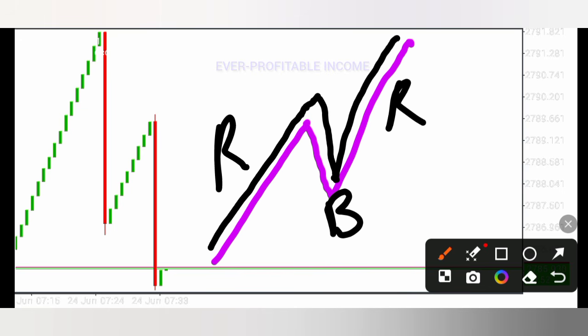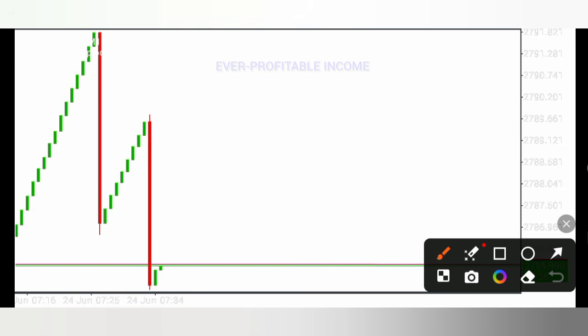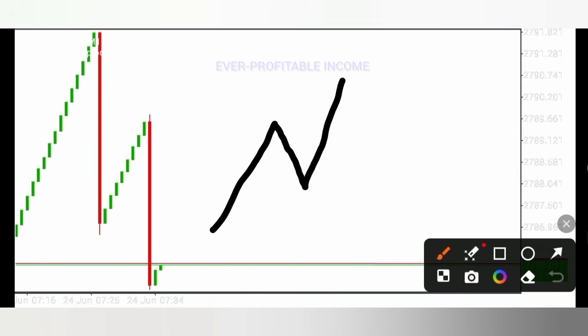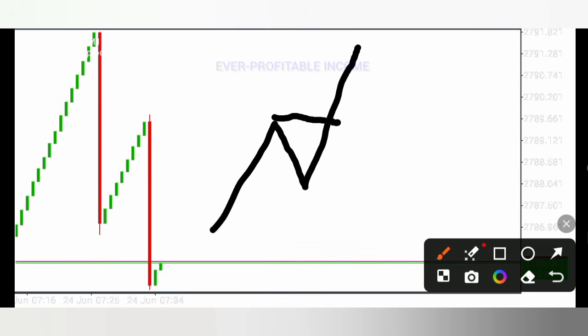So we are going to be waiting for when price on the 1 minute time frame trends up, then it retraces and then trends up again, and this time around when it's trending up, it should cause a break of structure right here. It should cause a major break of structure right there.